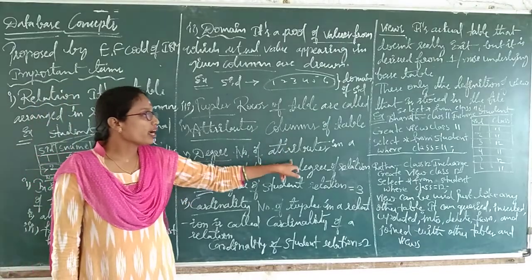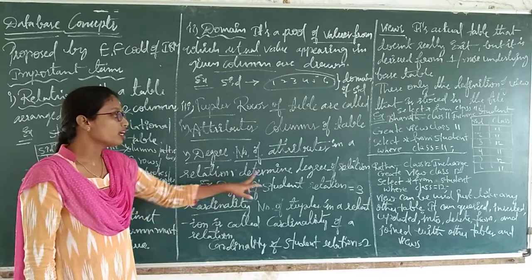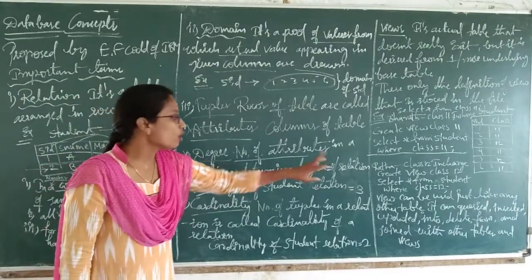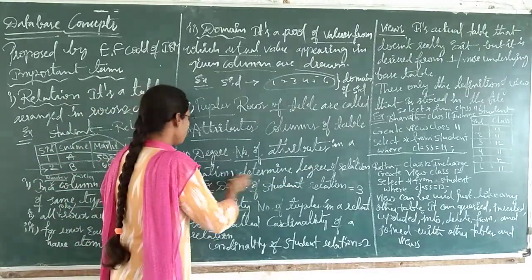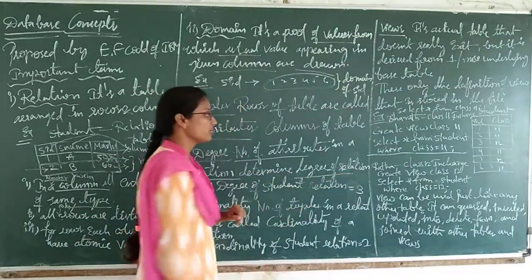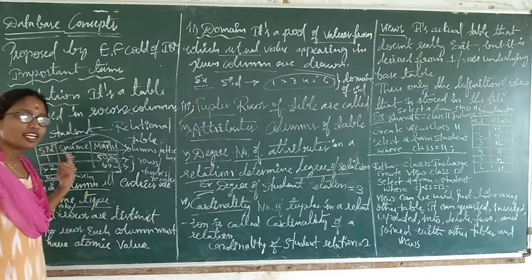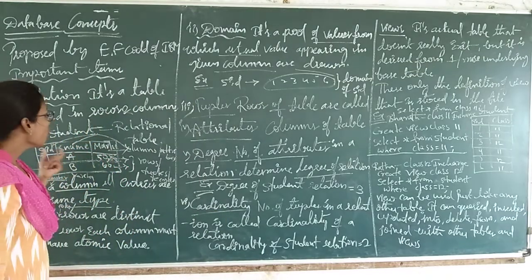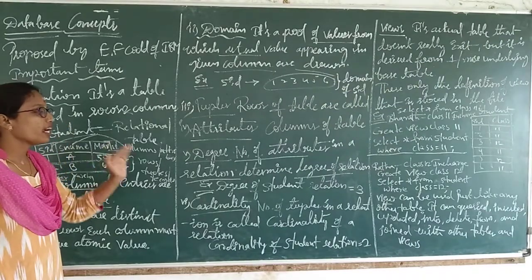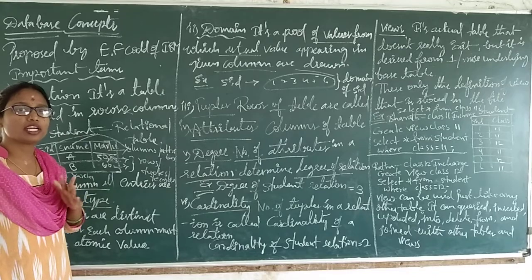And the next one is degree. The number of attributes in a relation determines the degree of the relation. In the student relational table example, how many attributes do we have?